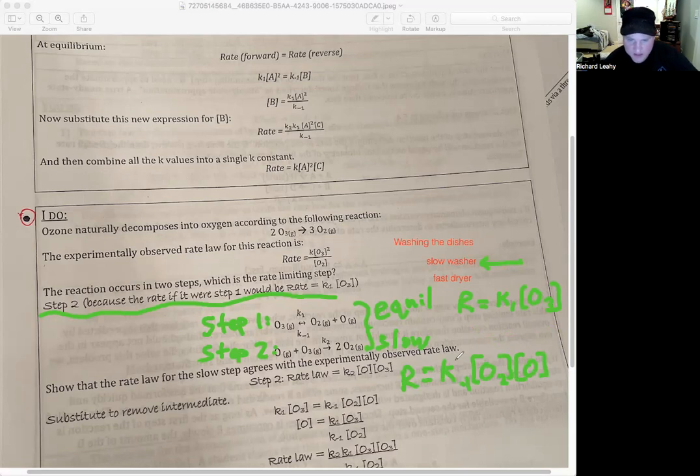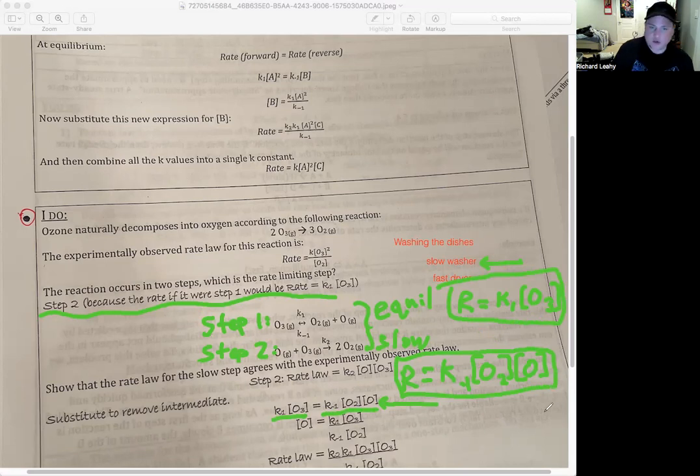Looking closely, that's what they're doing here. The arrow pointing to this step: we have R equals K1 and ozone, that's this. And then we have R, the same rate, with O2 and O. It's the same rate because it's going back and forth, being created and broken apart and coming back together at the same time.